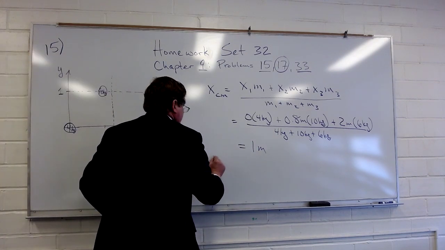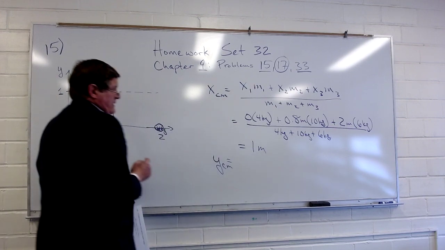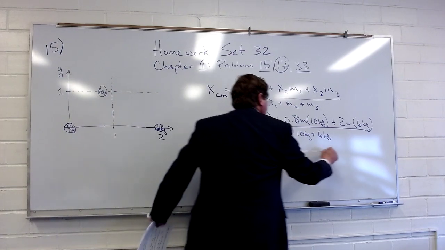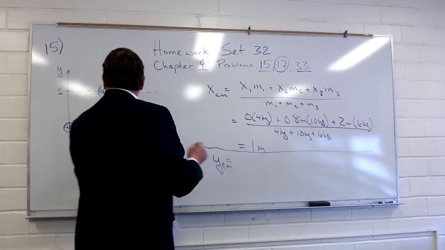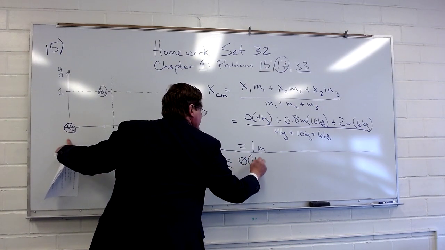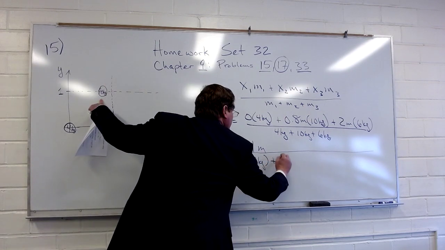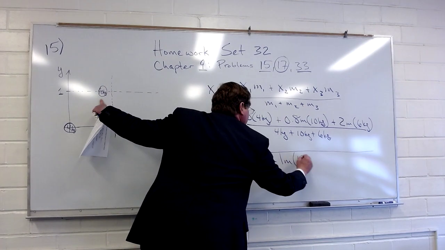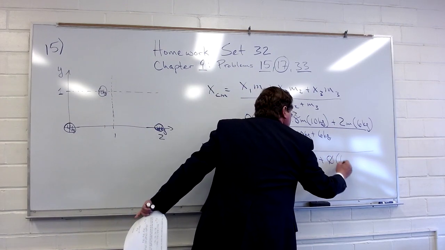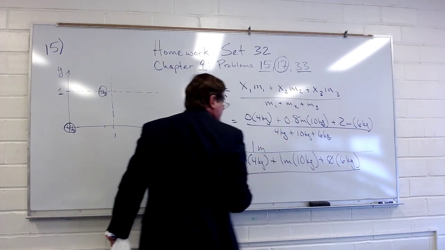Now in the y direction, I've got the same formula with x's replaced by y's. So I'm going to have 0 times the 4 kilograms, and I'm going to have 1 times the 10 kilograms, and I'm going to have 0 times the 6 kilograms, and then I have to divide by the weighting factor.